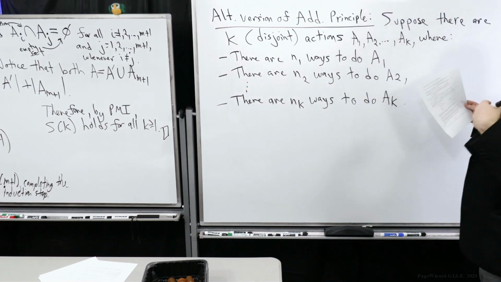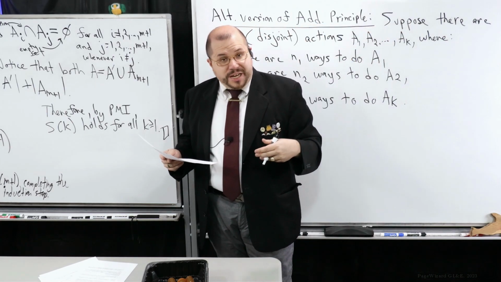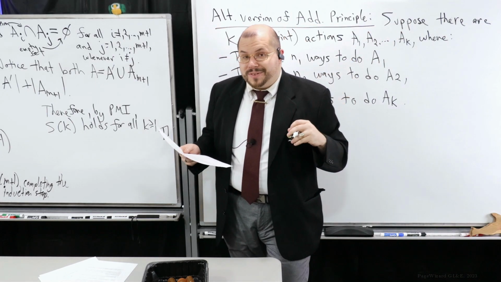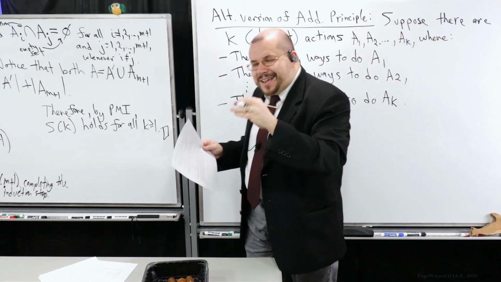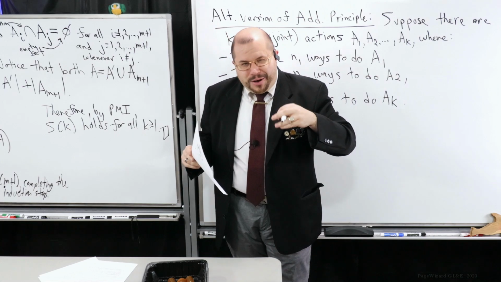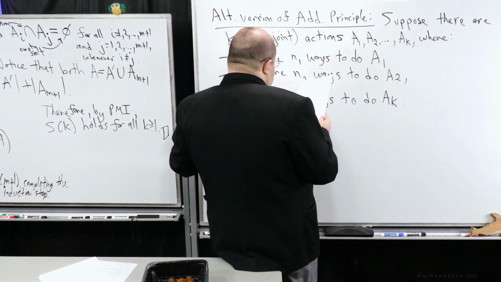So one way you can frame this is as a number of possible ways you can achieve something. So let me frame it carefully for you, because with a slight tweaking to this, you get what we call the multiplication principle. So I'm going to focus on the addition principle.